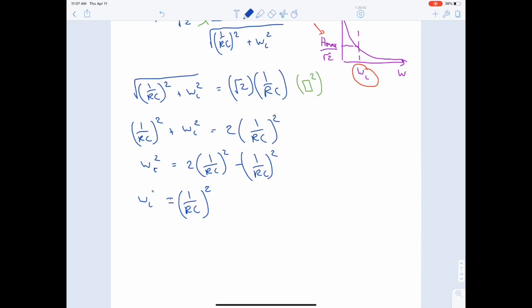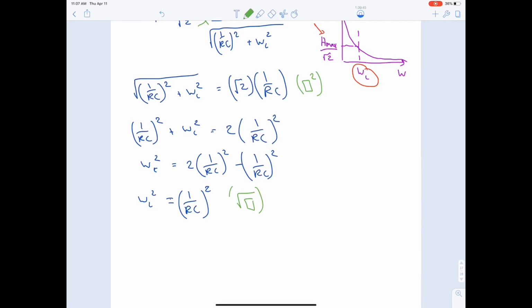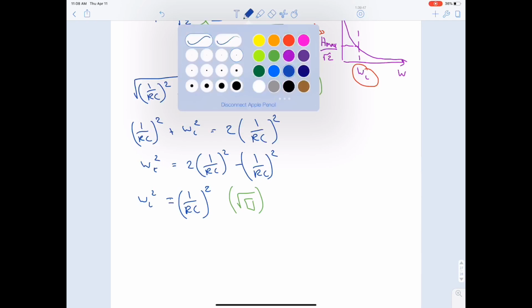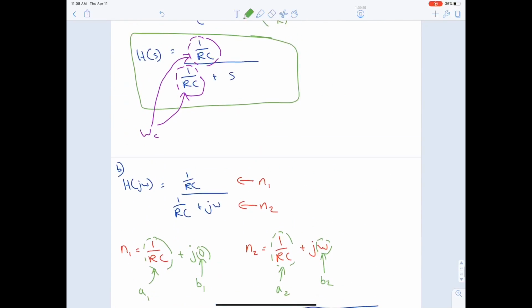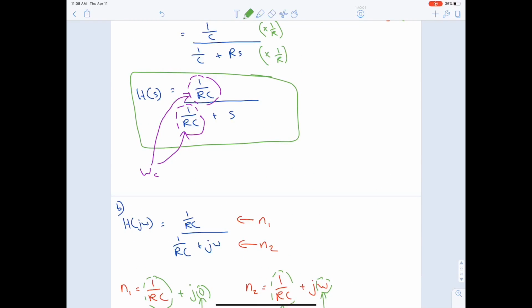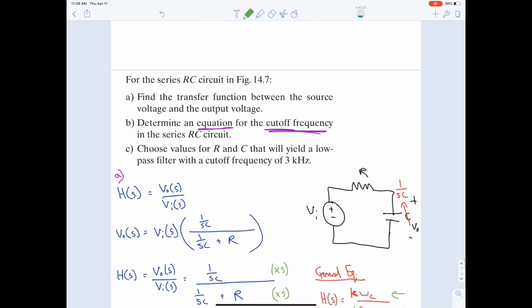Okay, now we take the square root, and this will result in omega C equals 1 over RC. Okay, this is the final answer. And we know that this is a correct solution because when we found the transfer function, omega C was 1 over RC. Okay, this is the second part of the question.